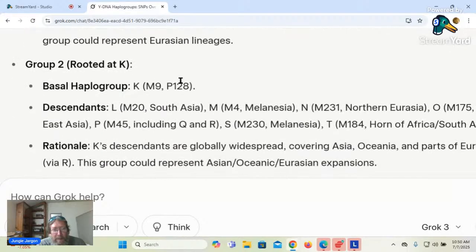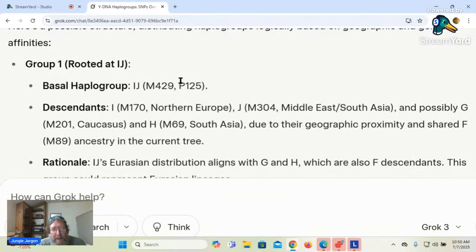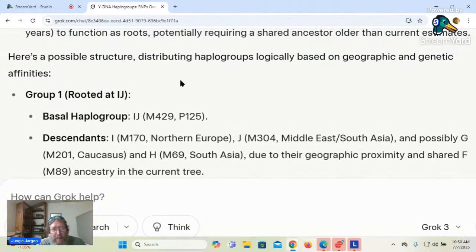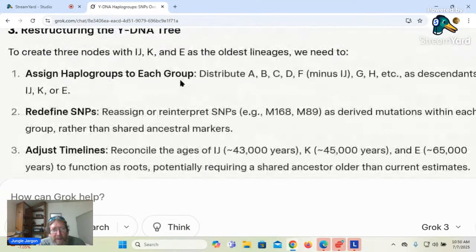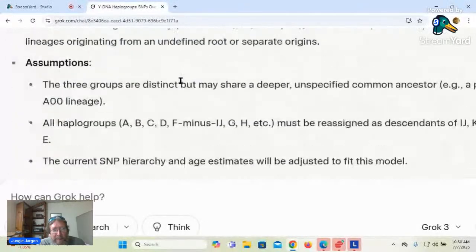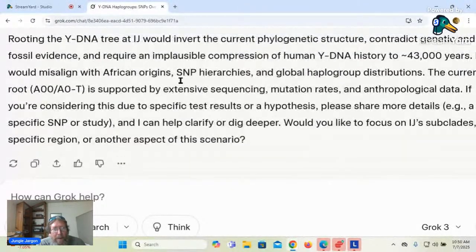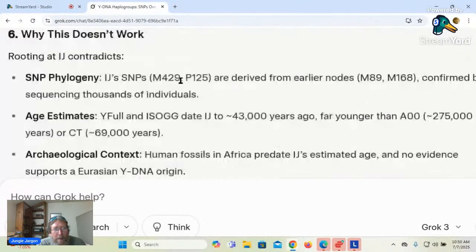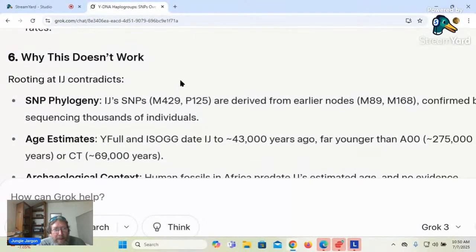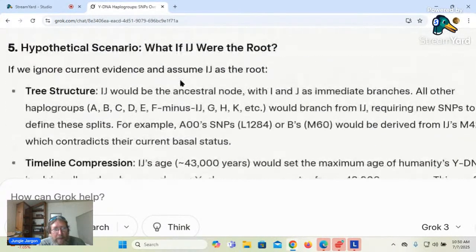I thought I asked for all the shared haplogroups. Maybe I'll look at the previous one here. Or maybe it's not showing up here for some reason, because I did it on my phone.